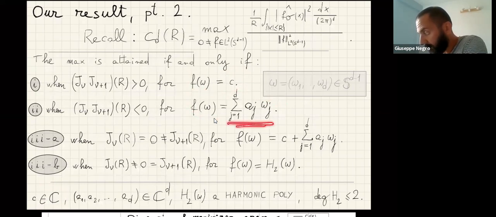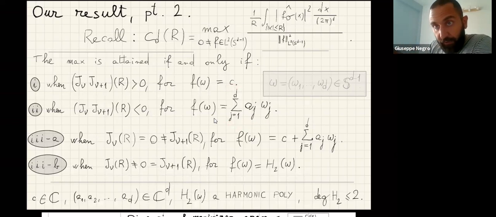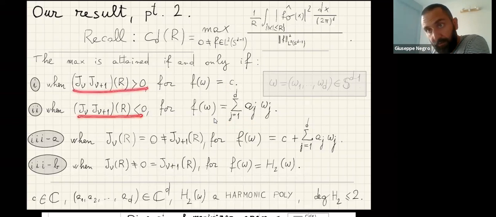So no functions of this form, no constants. This is the generic case.